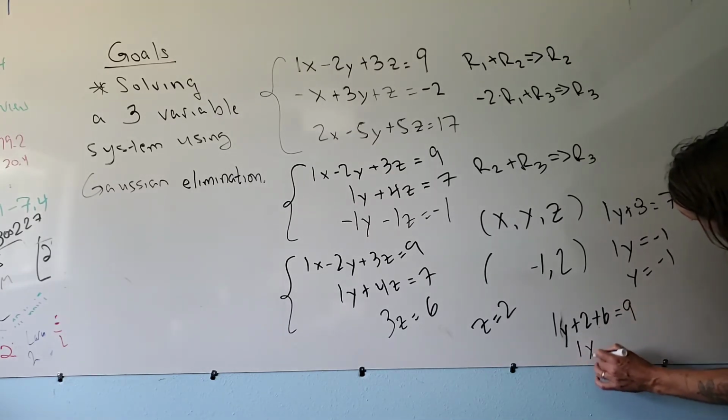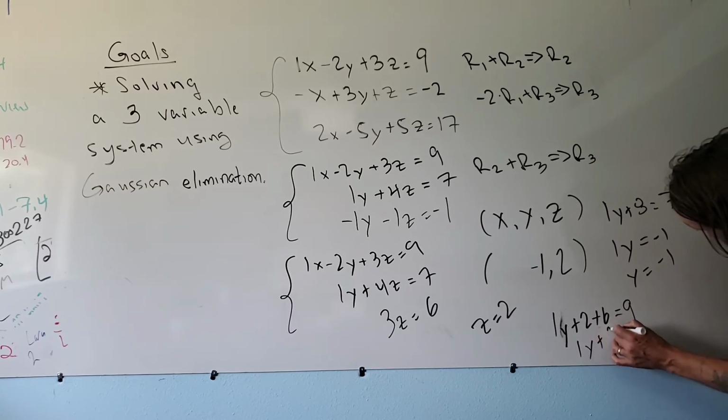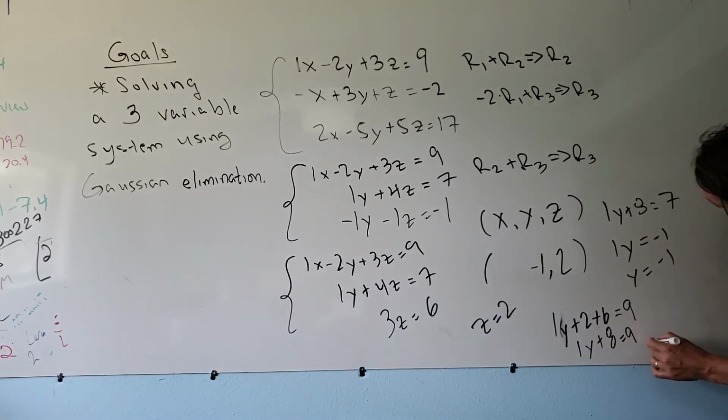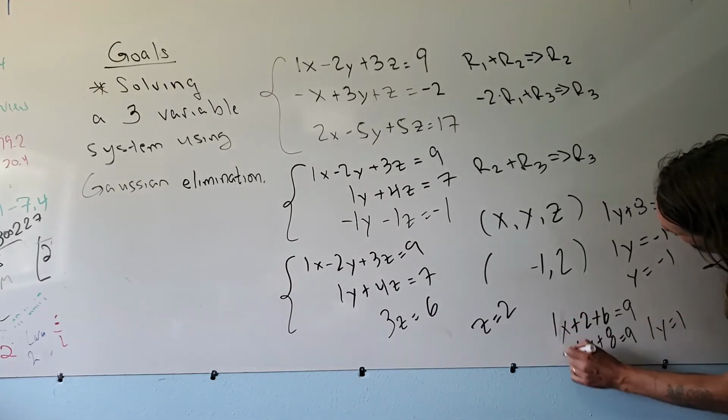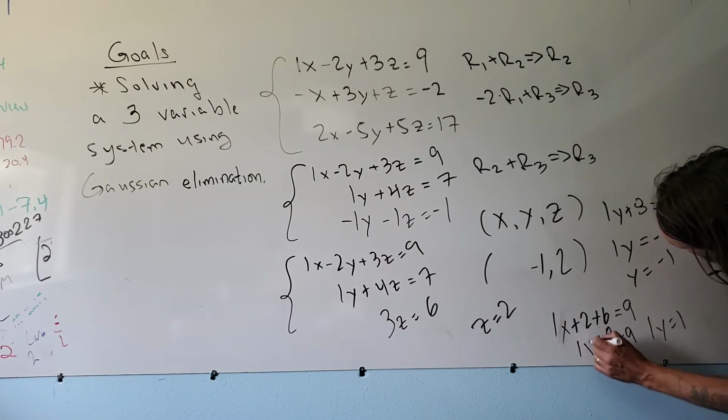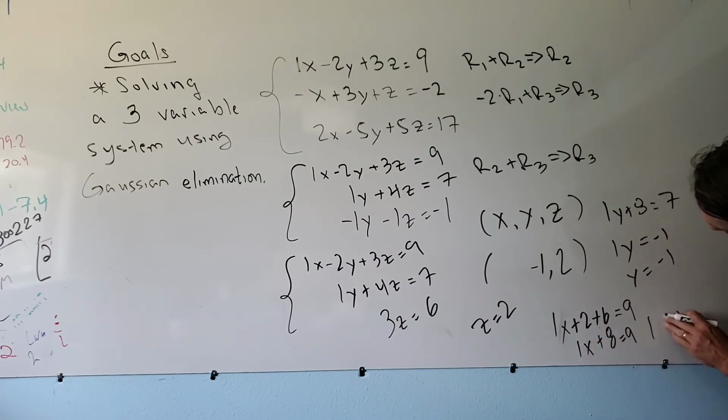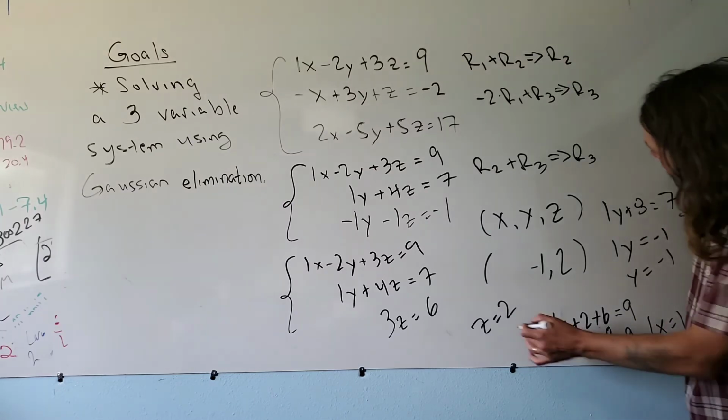So here I have 1x plus 8. That's equal to 9. I bring over the 8 by subtraction, and then I get 1x equals 1. Not 1y, it's 1x. Come on. 1x. And that means that this x is equal to 1.